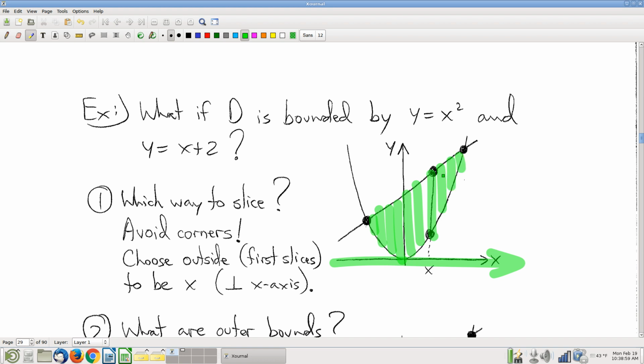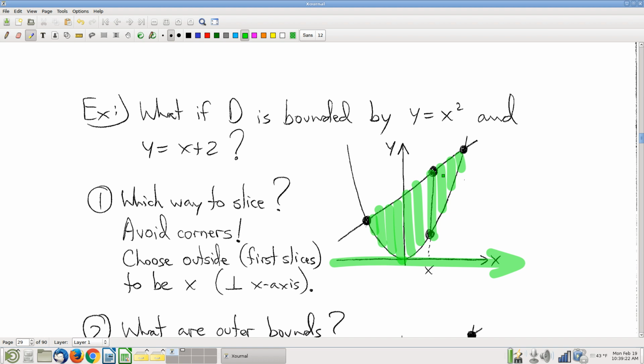Like that. By the way, there's a temptation to call this y slicing because you're slicing parallel to the y-axis. I think this is a bad idea. I don't encourage thinking about what you are slicing parallel to. Think about what you are slicing perpendicular to.